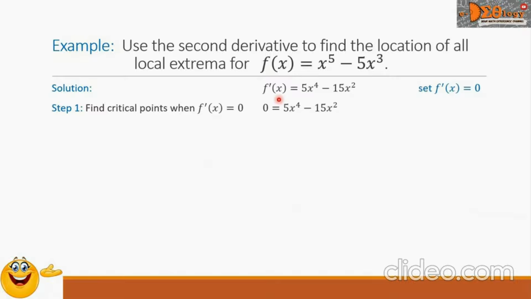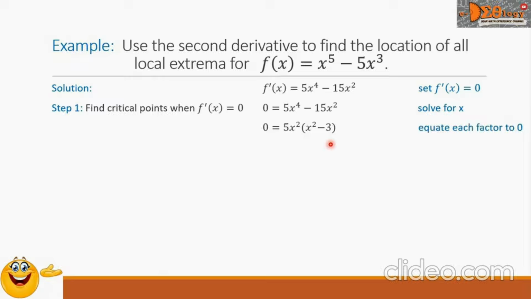So the left hand side will be 0 equals 5x raised to 4 minus 15x squared. Now, let us solve for x. Let us factor out the greatest common factor of each of the terms. So we have 0 equals 5x squared times the quantity x squared minus 3.